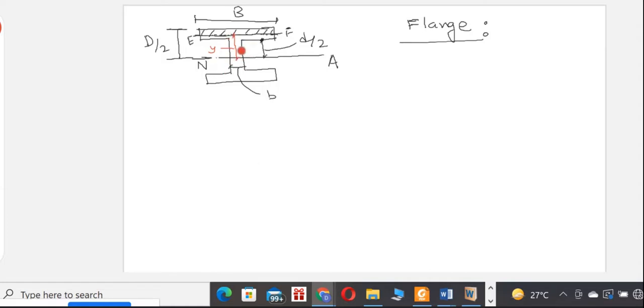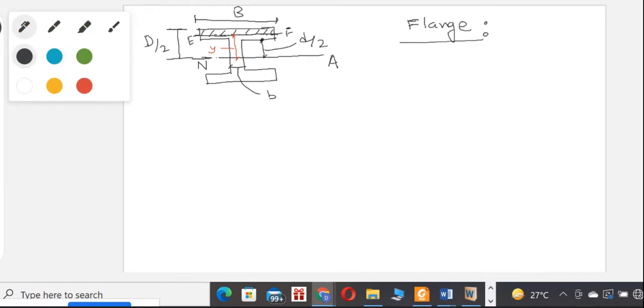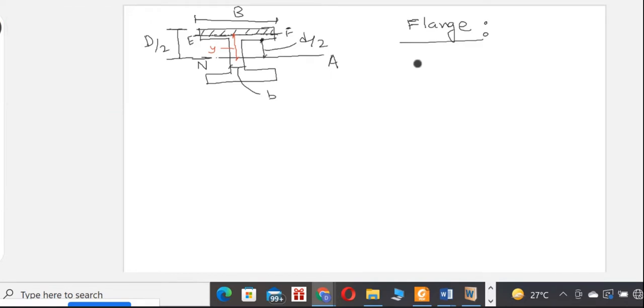So what will be the shear stress in flange part? Can you tell me, first write down the formula. Then try to replace these components of this formula in terms of known parameters.